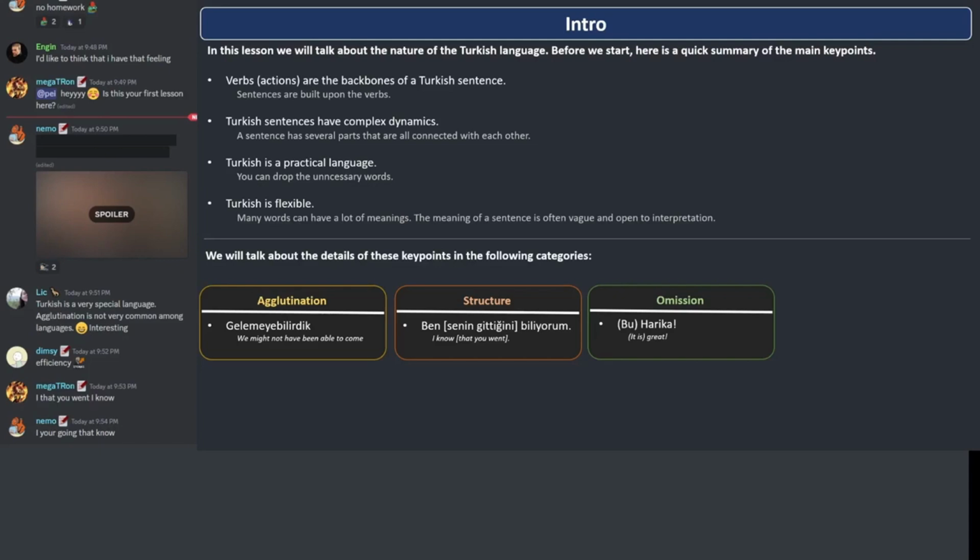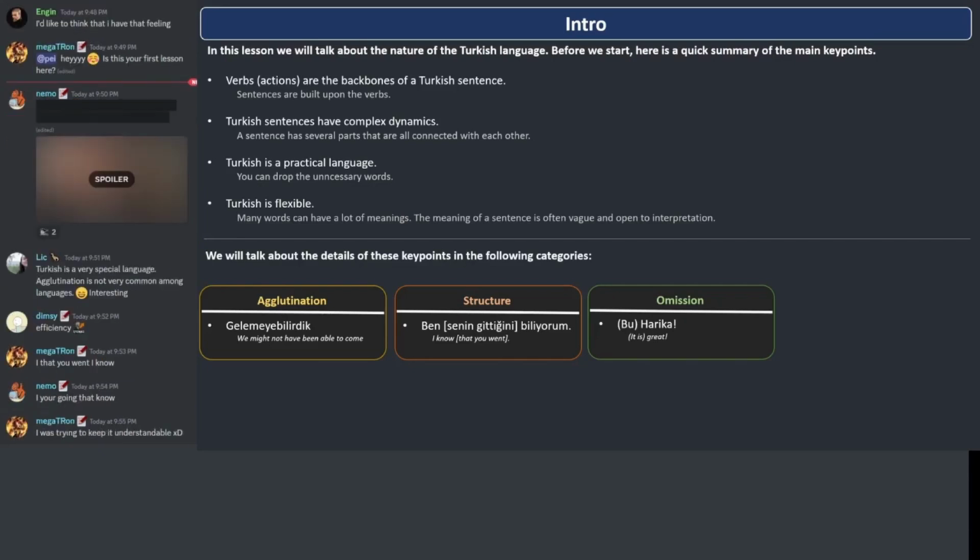In English, in sentences like this, you need to indicate the subject, whatever you are referring to, like it, I'm talking about it, and it is great. In Turkish, you don't need to say it. It will be implied from the context.